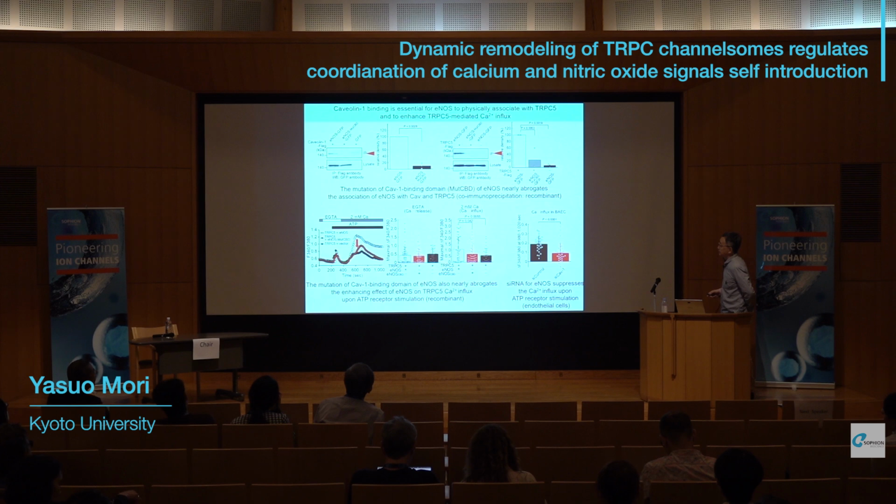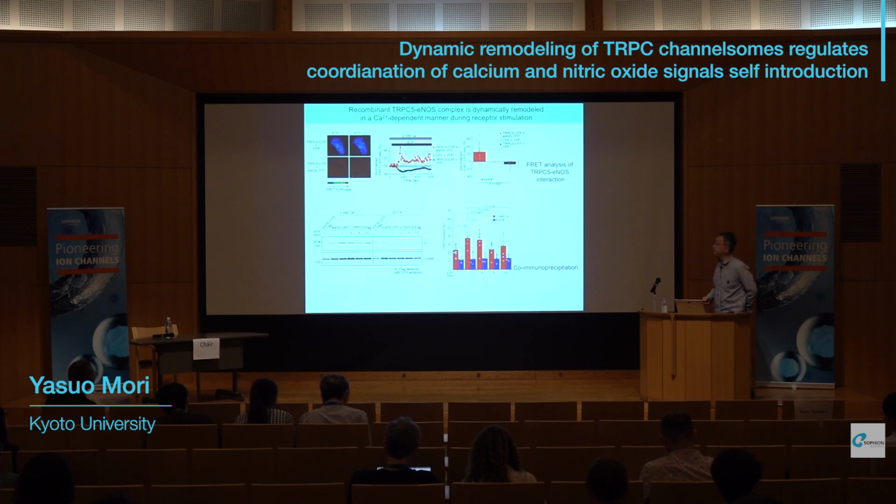When this mutant was co-expressed with TRPC5, the enhanced calcium influx activity by eNOS was nearly abolished. And in bovine arterial endothelial cells, siRNA for eNOS, which suppresses the expression of eNOS, was able to significantly suppress calcium influx activity in cells stimulated with ATP.